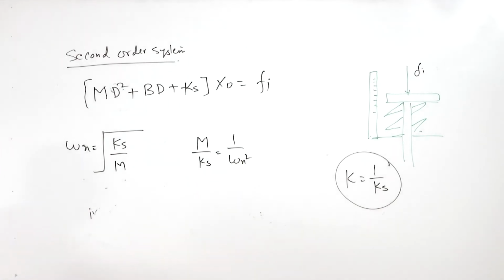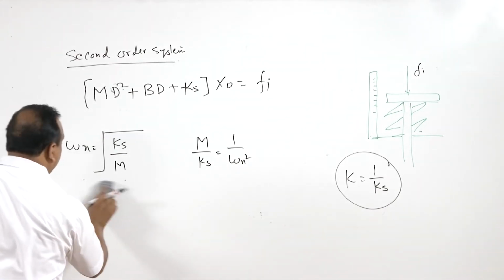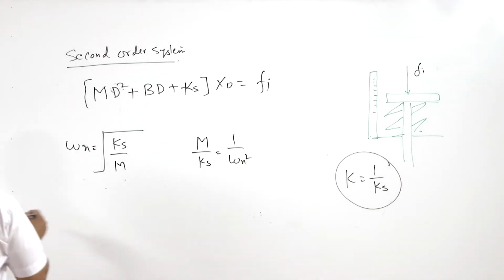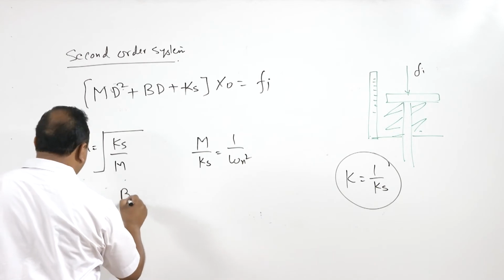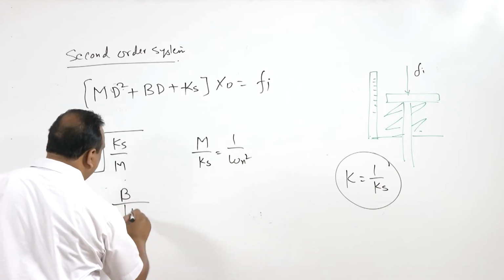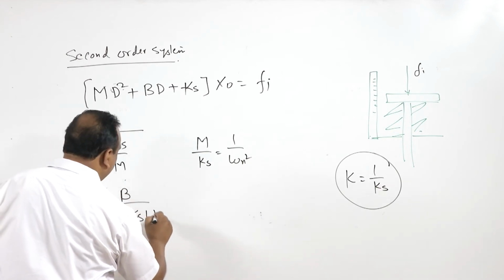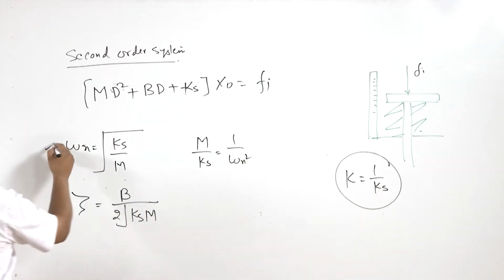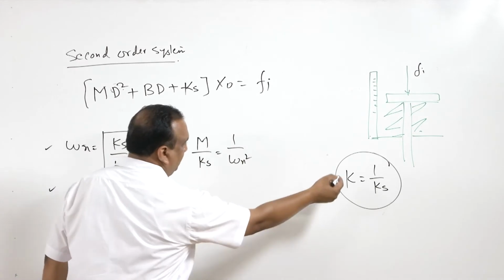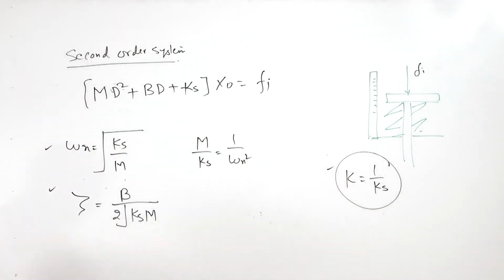So from here we get omega n is equal to under root Ks by M. And similarly, we can find the value of zeta as B by 2 under root Ks multiplied by M. So we have got all these three, and the static sensitivity, the sensitivity of the instrument.